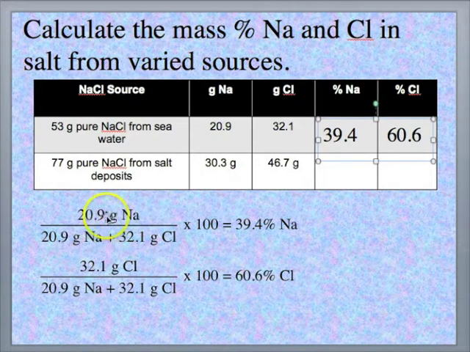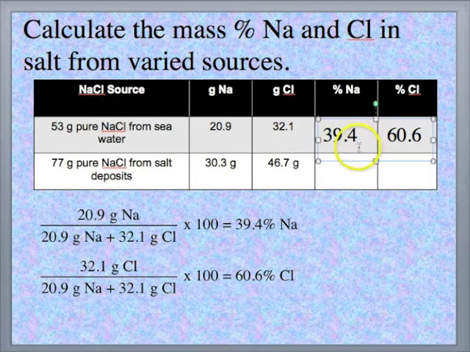So for the percent sodium, 20.9 grams of sodium divided by the total mass, 20.9 grams of sodium and 32.1 grams of chlorine, times 100, we get 39.4% sodium. And if we do the same for the chlorine, we get 60.6% chlorine. And of course these add up to what? 100%.